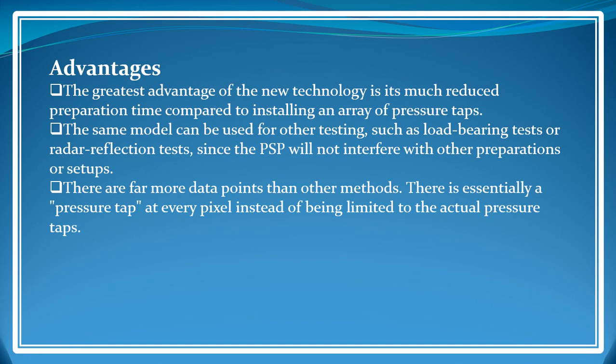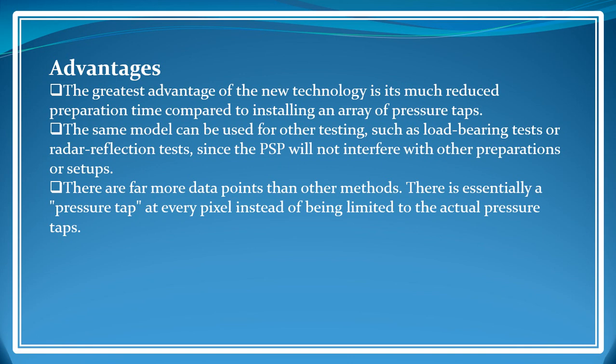So there are far more data points than other methods. There is essentially a pressure tap at every pixel instead of being limited to the actual pressure taps. So as we can understand, every pixel is giving an output, so it's more reliable and more accessible, and also we don't need any complex array.